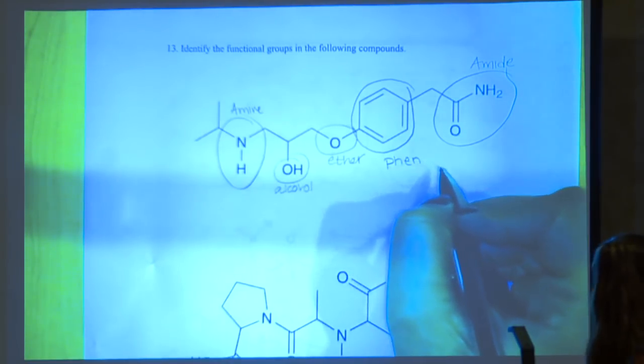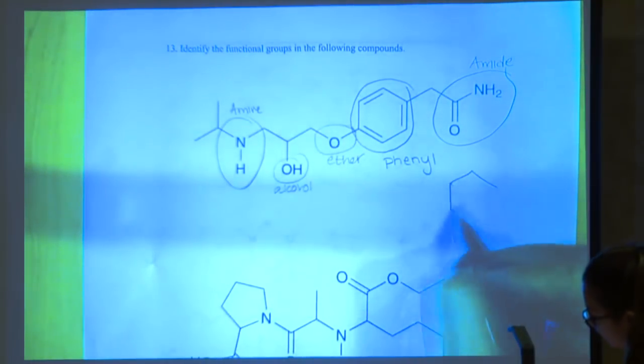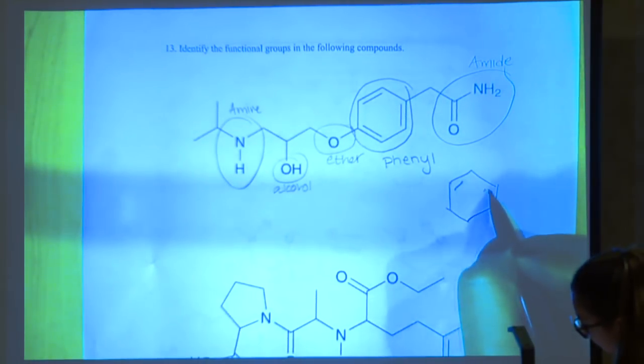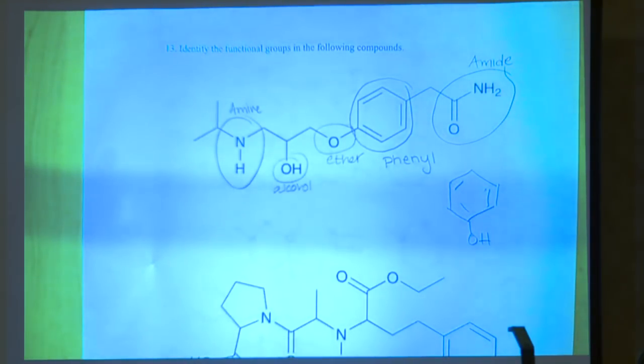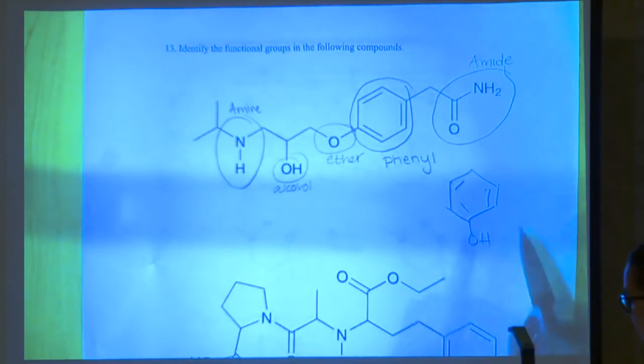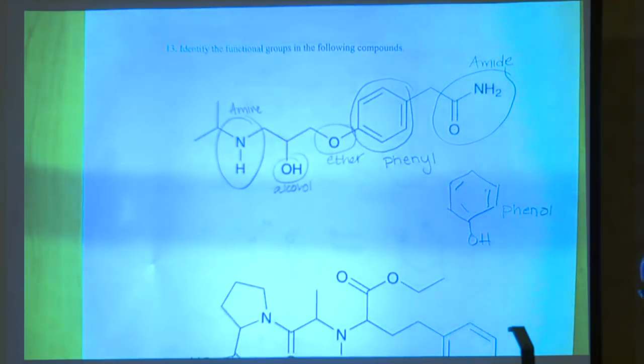And what else? Good. And what do we have here? Is this an alcohol? Good. Awesome. Fantastic. Yeah, so this will just be phenol, not an alcohol.